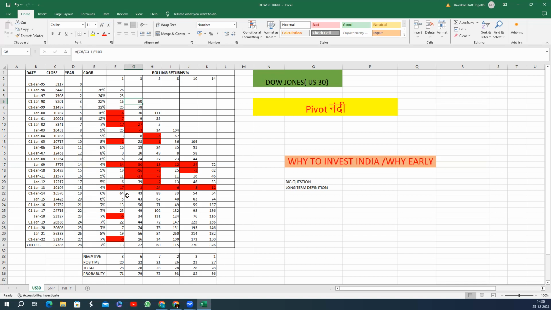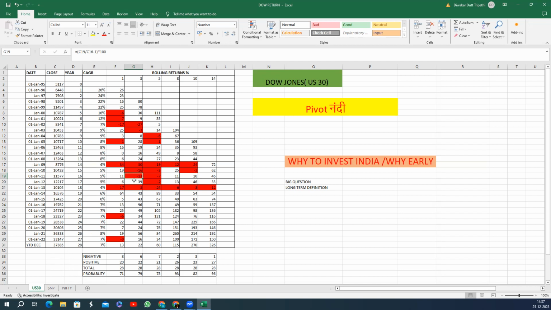Let us come down and see how the returns have been. If somebody invested in the year 2008 at the index value of 13,264, what will be the value after 3 years? One, two, three. You can see at the end of 3 years the index is at 11,577.